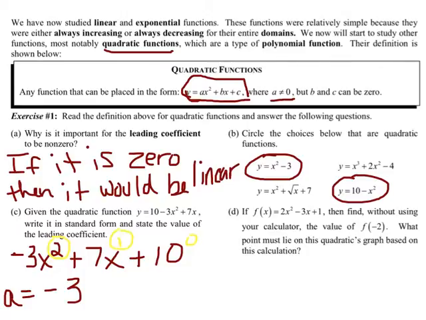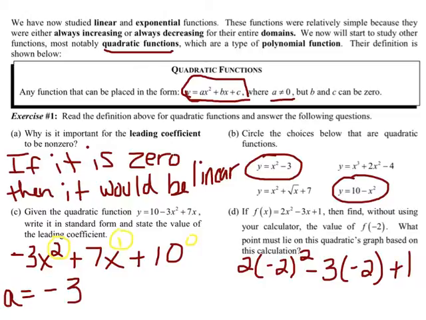D. If f of x equals 2x squared minus 3x plus 1, then find without using your calculator the value of f of negative 2. What point must lie on the quadratic's graph based on this calculation? So I'm going to plug in negative 2 wherever I see an x. So I have 2 times negative 2 squared minus 3 times negative 2 plus 1.